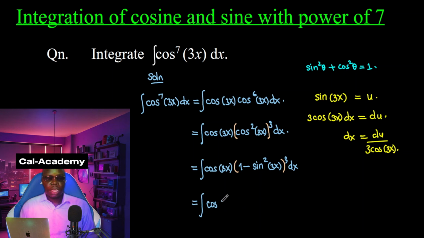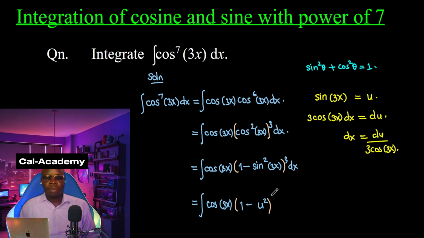So we have cosine of 3x. The inner bracket will have to change a little bit where our u is coming in. So we have u, and since sine is squared, we can also square our u here, and we are done with what is inside there.